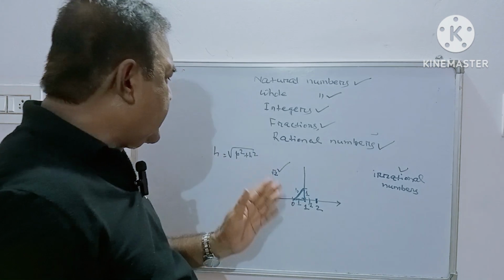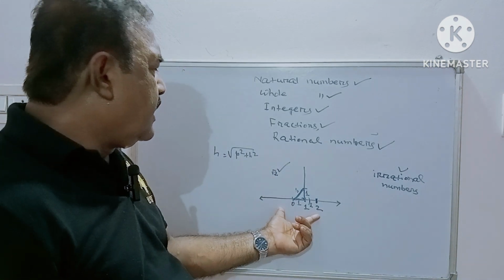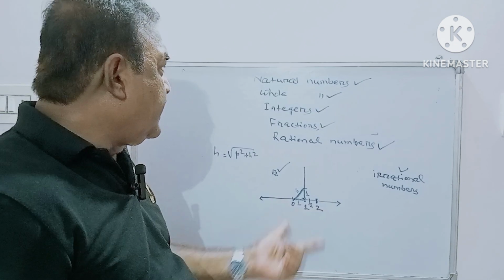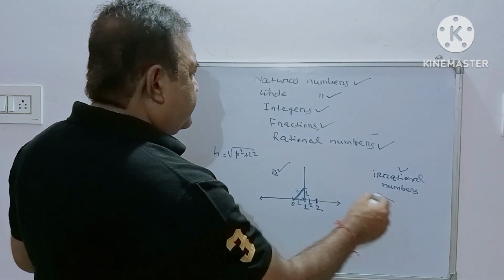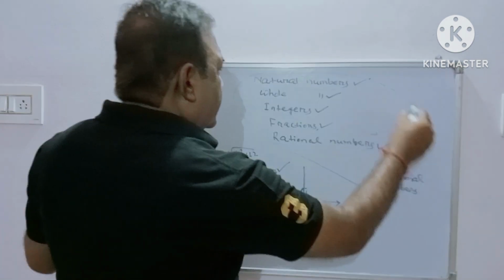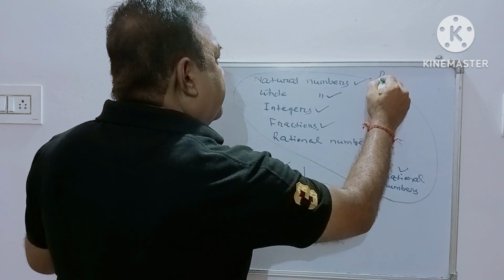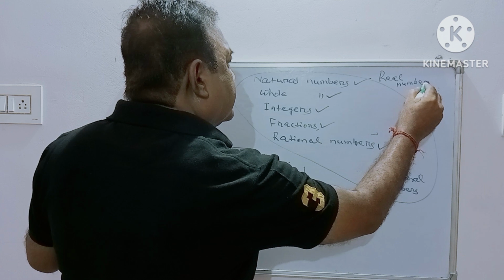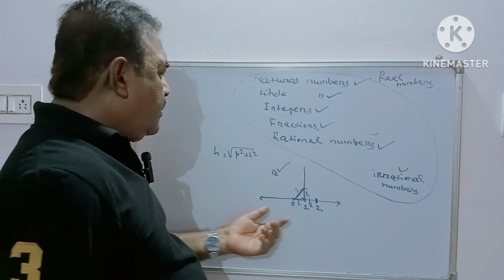We can represent them on the number line. And in the higher classes, you will learn about imaginary numbers. So all these rational numbers and irrational numbers can be represented on the number line.